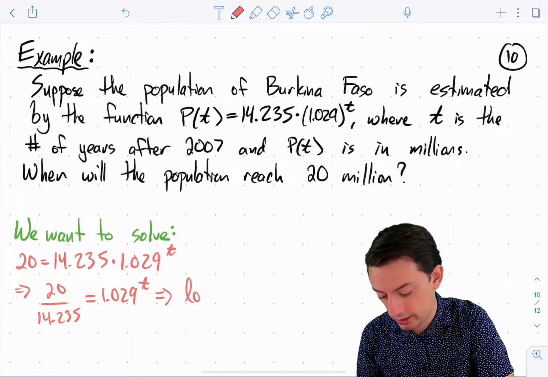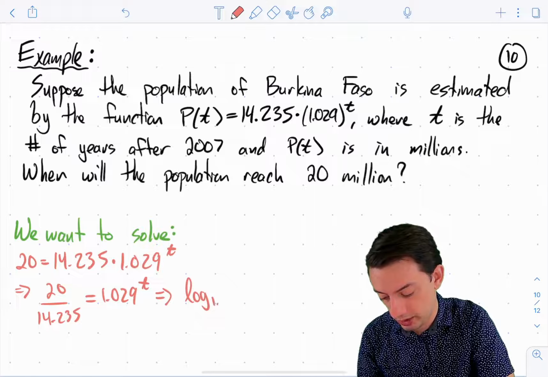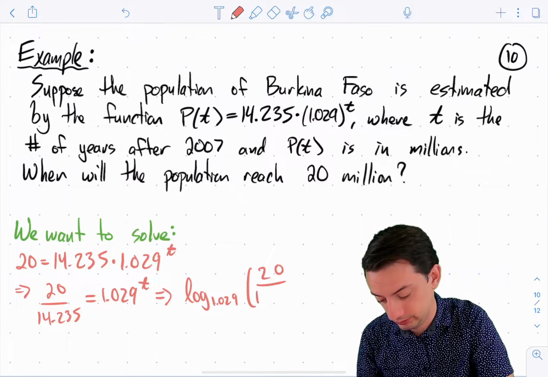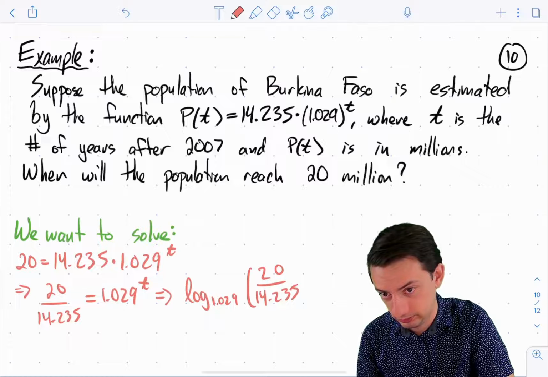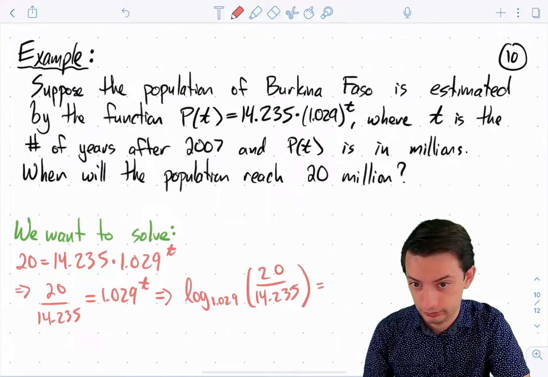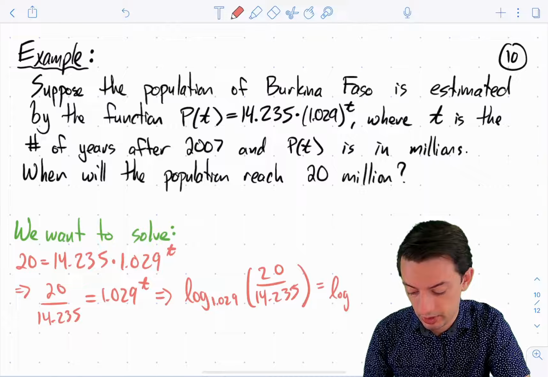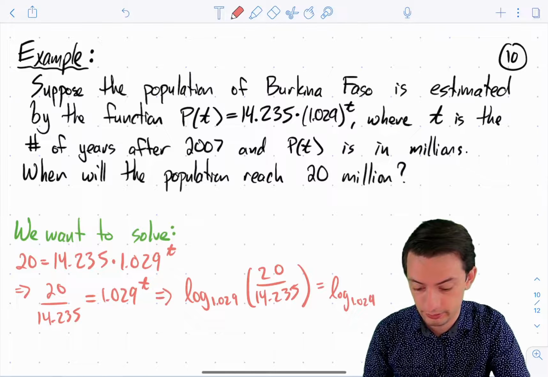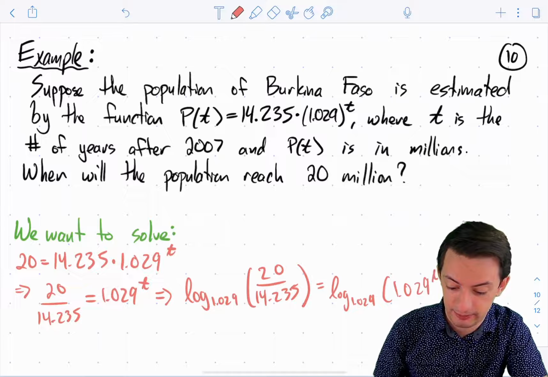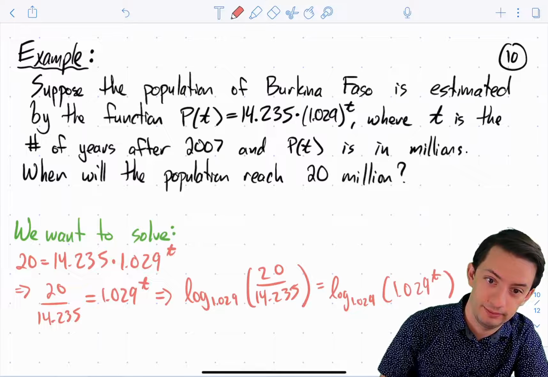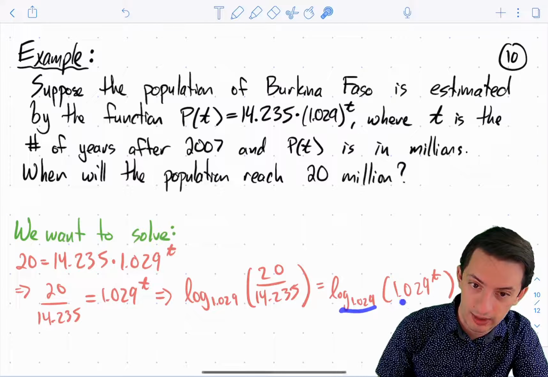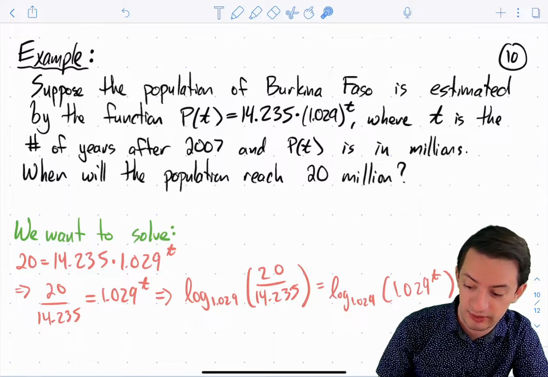So log base 1.029 of the left-hand side equals log base 1.029 of 1.029 to the t. Now the nice thing is that on the right-hand side, the log and the exponent cancel out and just give us t.